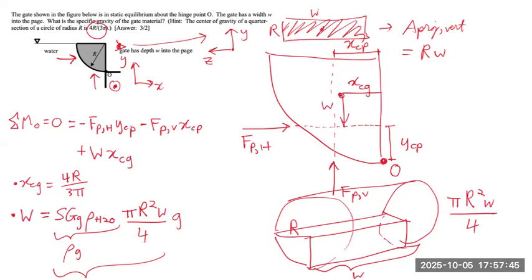And the centroid is located at a distance r over 2. So, oops, sorry, this is not the vertical projection of the area. Yeah, the vertical projection of the area by itself is RW.